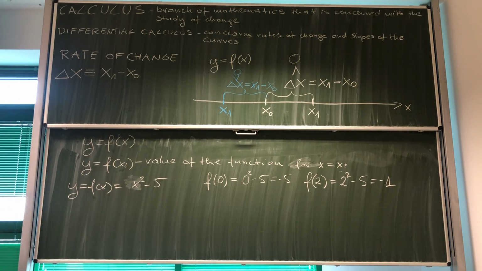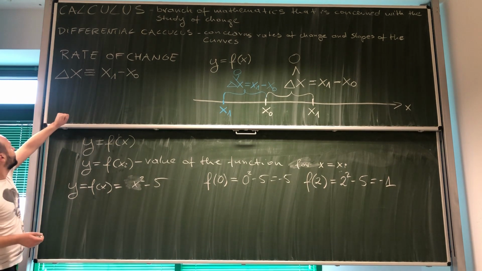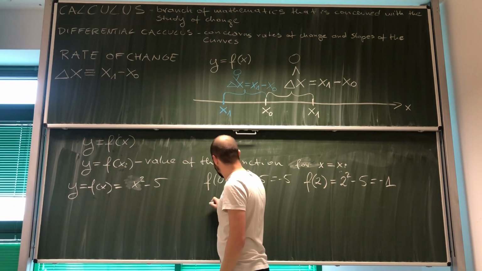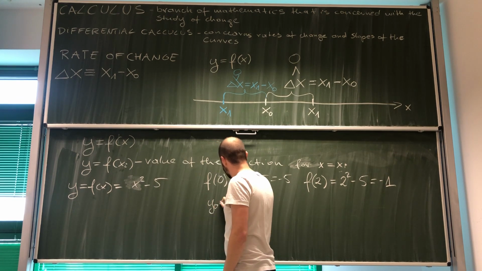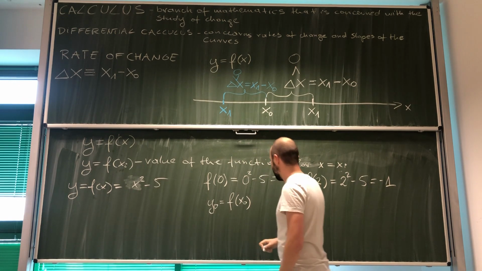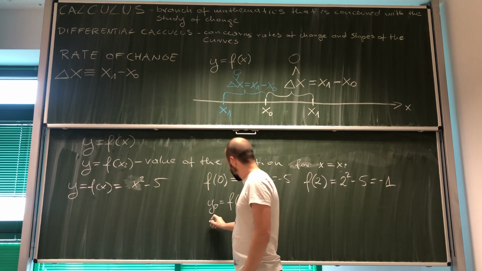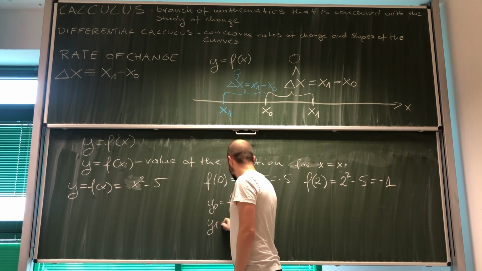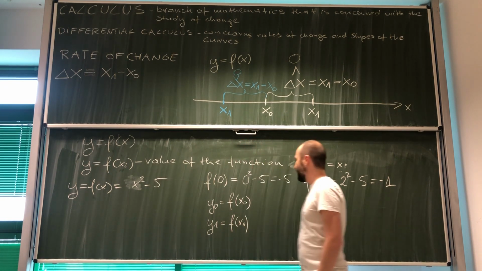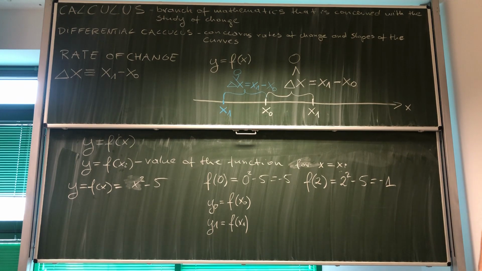Now sometimes, very rarely, we can write, just like we wrote over here, that for example y0 is equal to some f of x0, and that y1 is equal to f of x1.